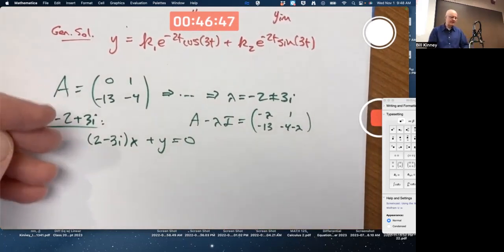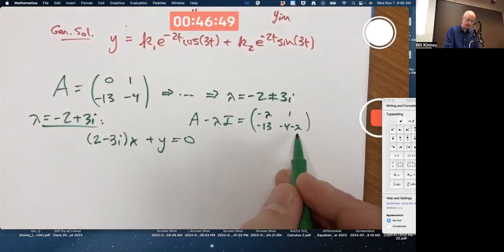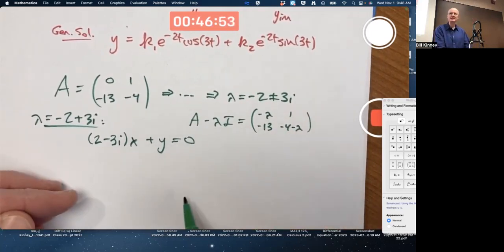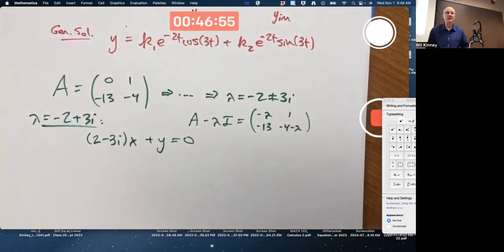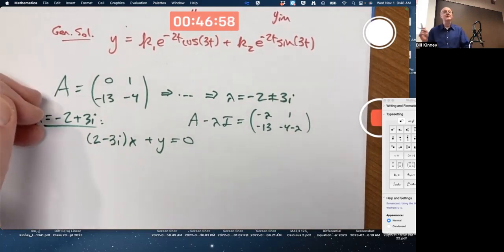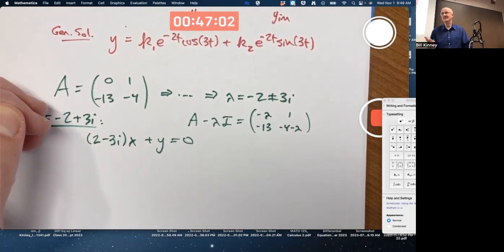If you did the same thing for the second equation, replacing lambda with negative 2 plus 3i, you would get another equation in x and y that would look like it's not a scalar multiple of the first. It would not be a real scalar multiple, but it would be a complex scalar multiple. It's just not obvious if you write it down. But trust me, it would be.